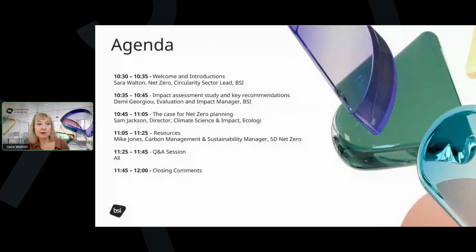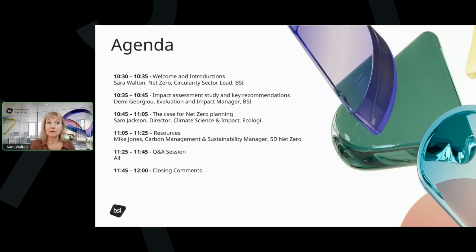And so to the agenda, the session is going to take about an hour and a half. We're going to start with theme setting from Demi, who is our evaluation impact manager, and she's going to look at the impact assessment study and key recommendations. And from there, we're going to move to our two panelists who are from the advisory group, the original advisory group, who were involved in developing the Flex itself.